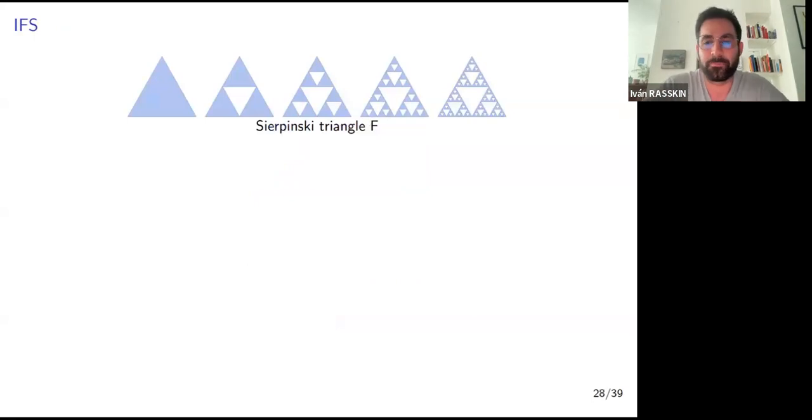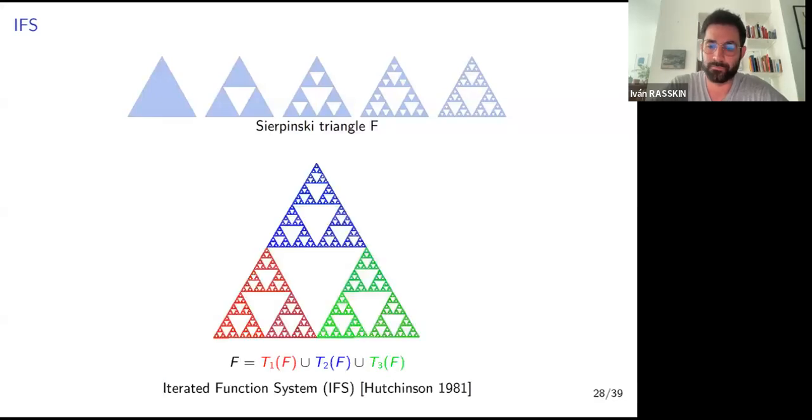It comes from the very well known IFS system, the iterative function system, introduced by Hutchinson in '81. It's just a collection of contractive functions, and we apply these functions again and again infinitely, and we look at the limit set.